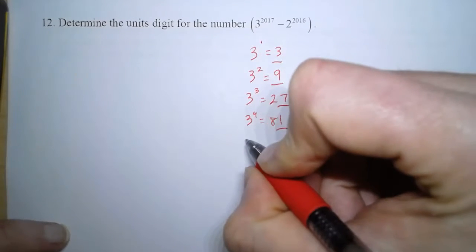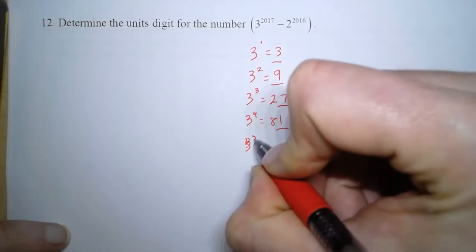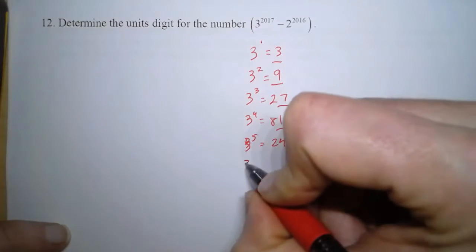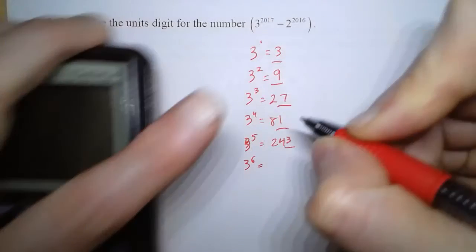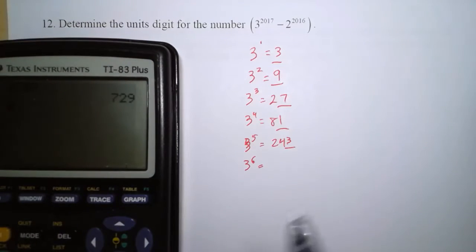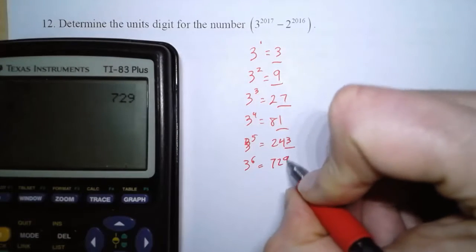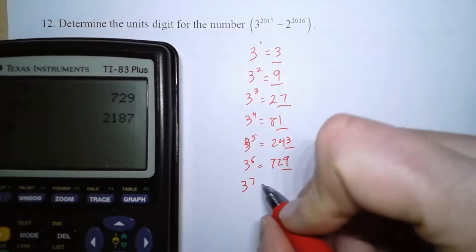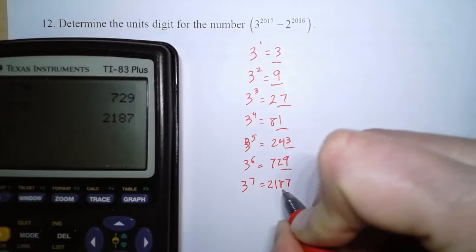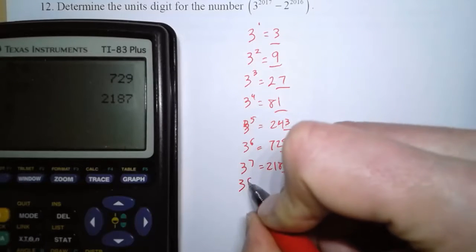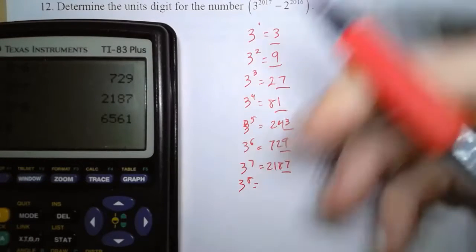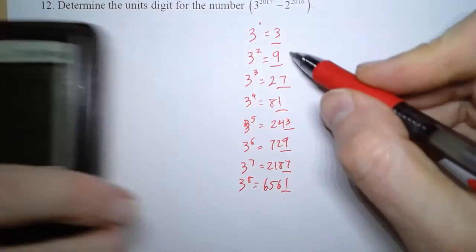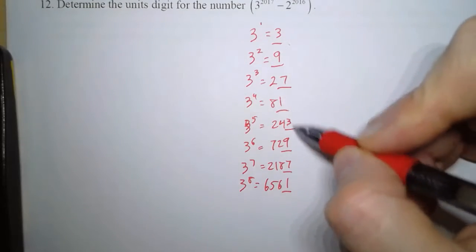Notice that I'm starting with numbers that I can find with my calculator. 3 to the fifth is 243. 3 to the sixth is 729. 3 to the seventh is 2187. 3 to the eighth is 6561. Notice the units digits: 3, 9, 7, 1, 3, 9, 7, 1.